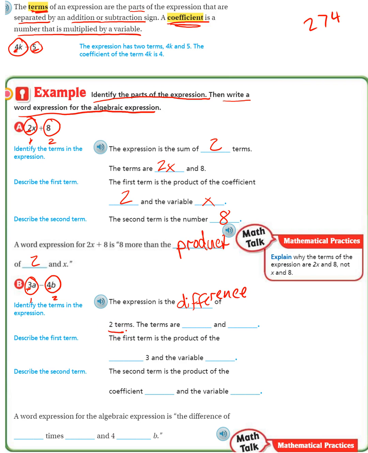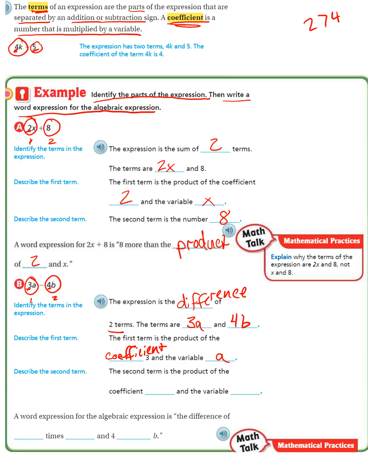So the expression is the difference of two terms. The terms are 3a, that's our first term, and 4b, that's our second term. The first term is the product of the coefficient 3 and the variable a.